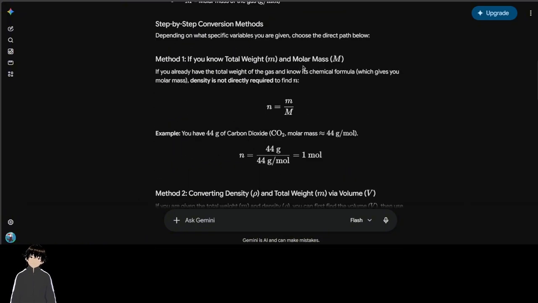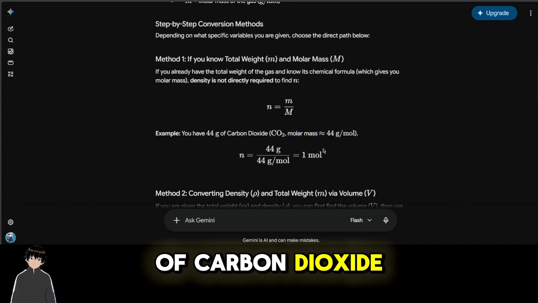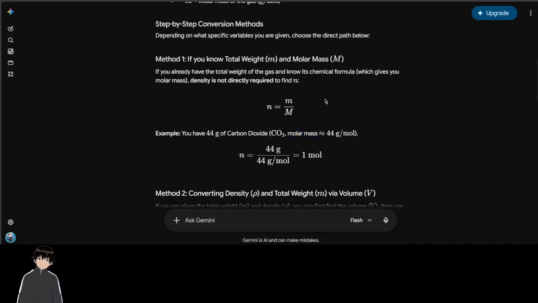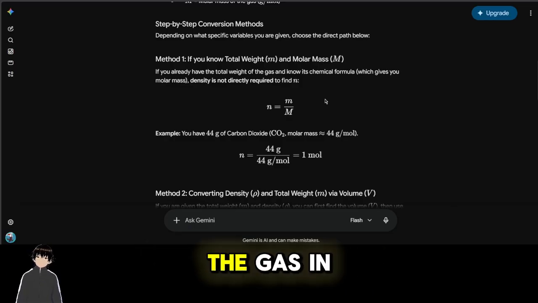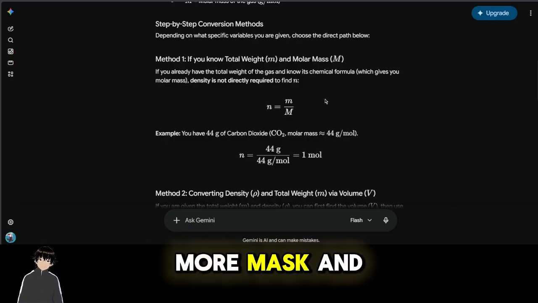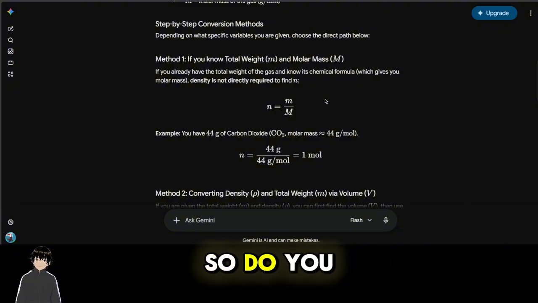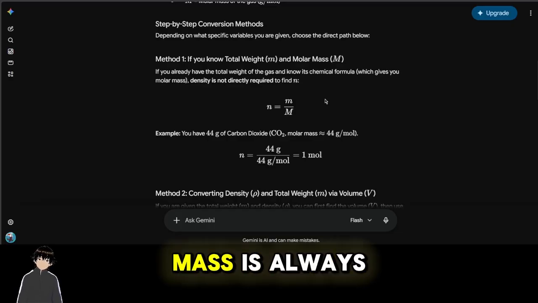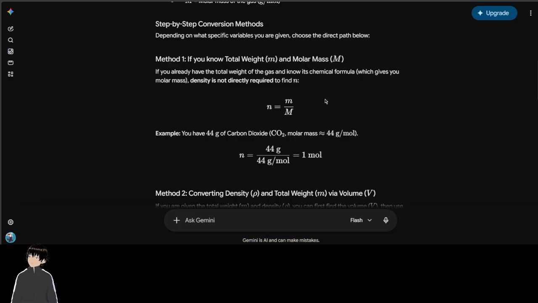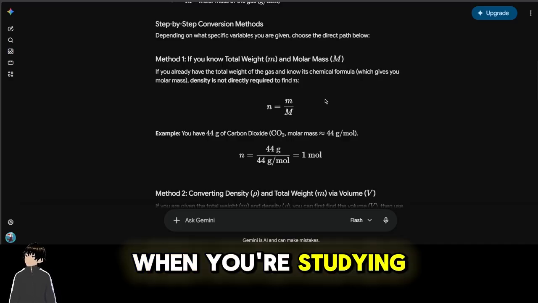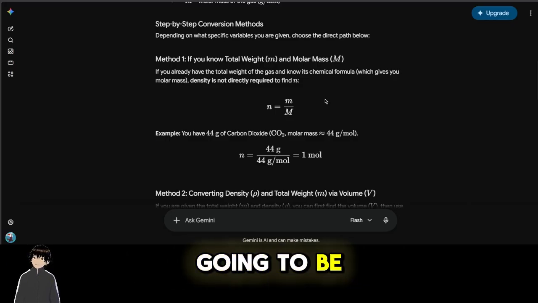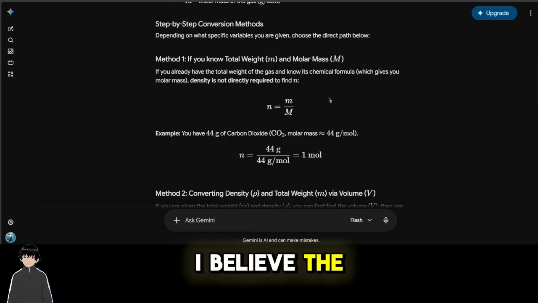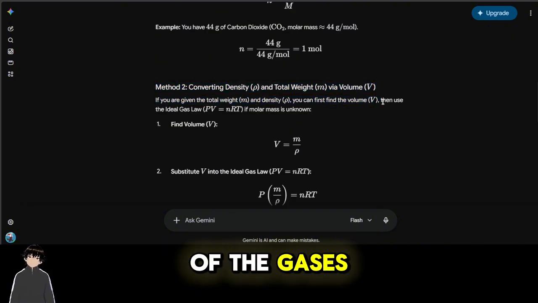If you know the total weight and molar mass, for example 44 grams of carbon dioxide, then it is not required to find n separately. The molar mass of any of the gases is always going to be included when you're studying chemistry in school.